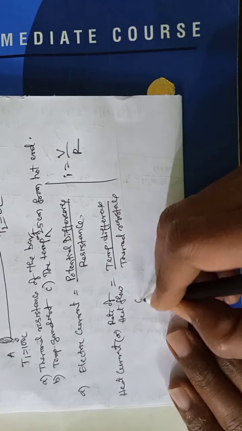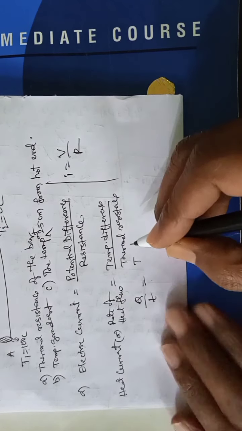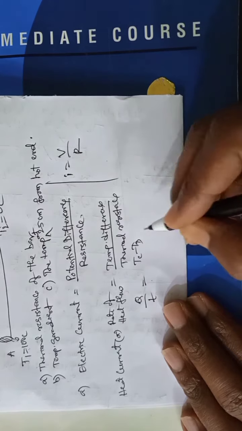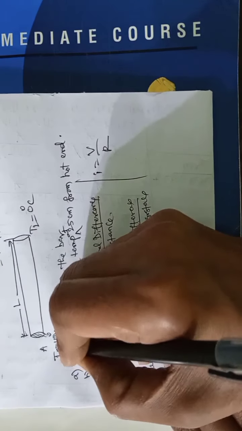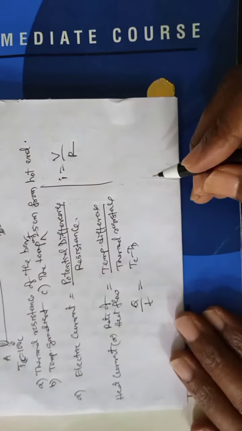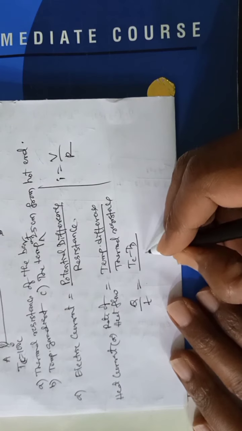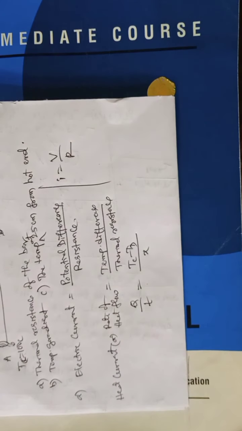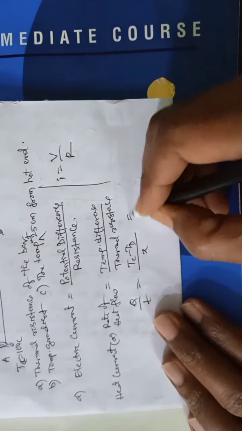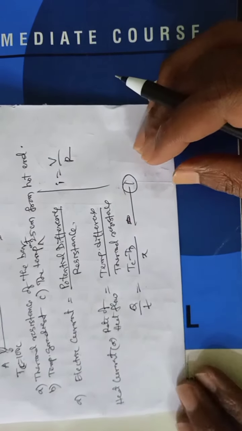Rate of heat flow means Q by t. Temperature difference means Tc minus Td. Let me write here Tc and here Td. Tc minus Td by thermal resistance, I don't know, x. Let me write x. Let me write this as equation 1.